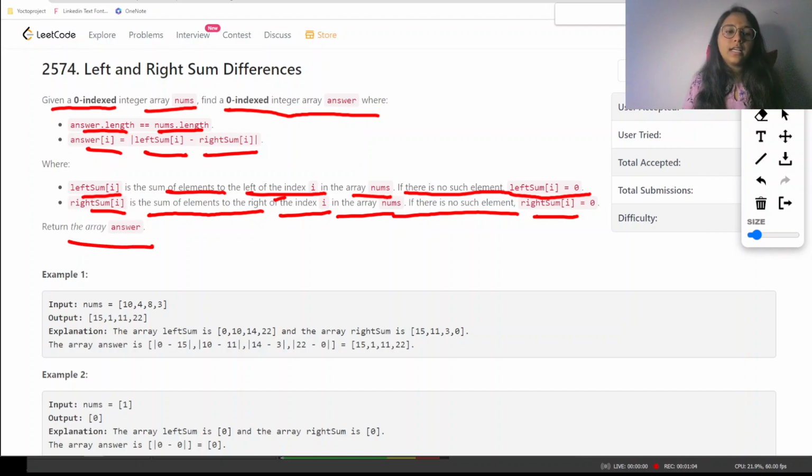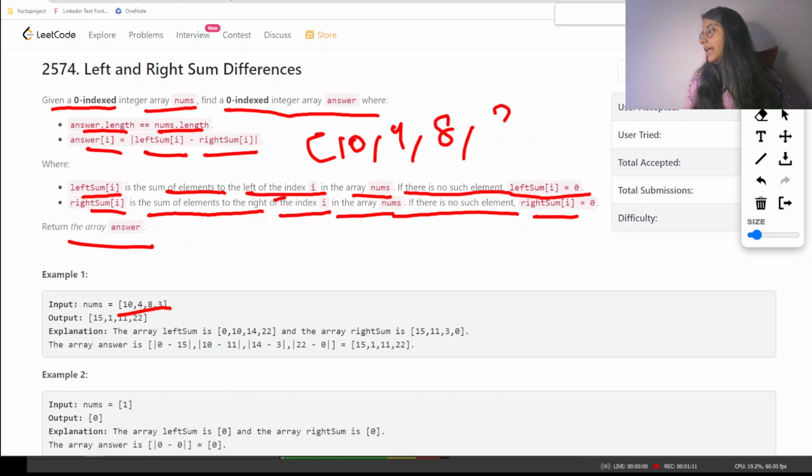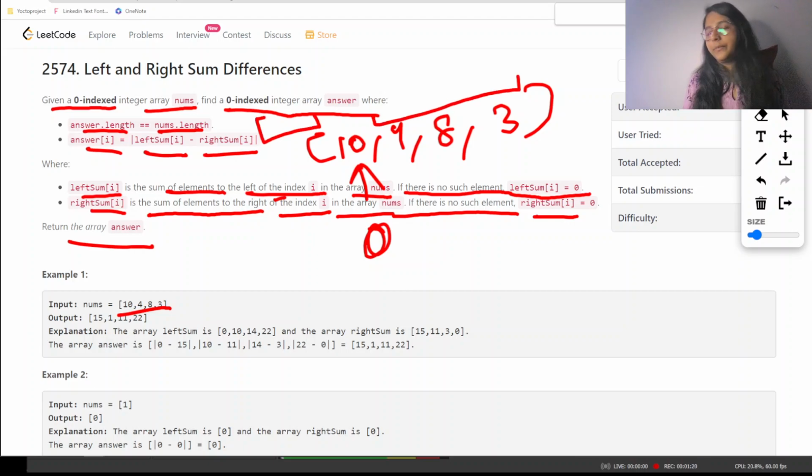So the thing here is, let us first see this example only: 10, 4, 8, 3. At the 0 index, whatever elements would be towards the left and whatever elements would be towards the right, we are required to sum all these elements, and then whatever sums we obtain, we just subtract.